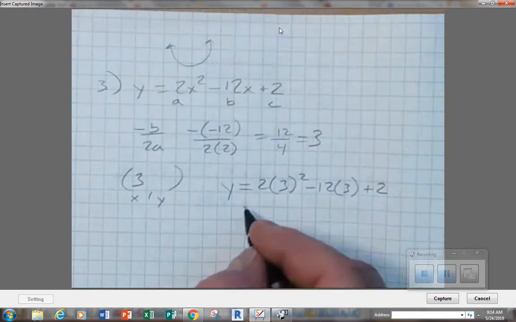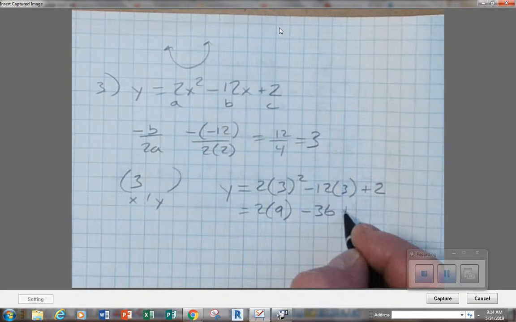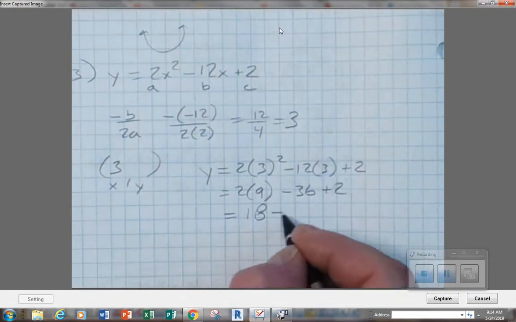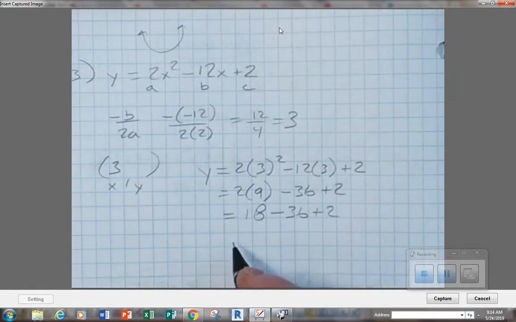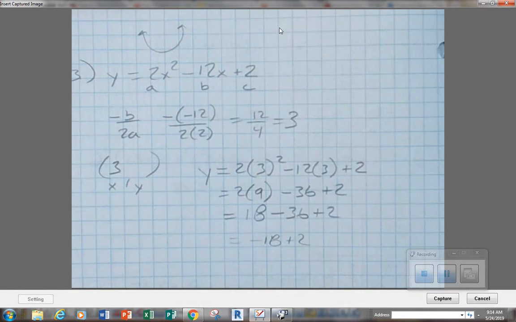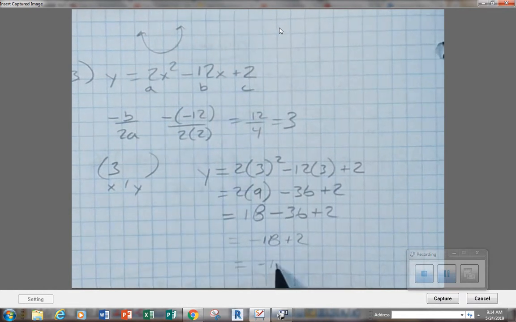That gives me 2 times 9 minus 36 plus 2, which gives me 18 minus 36 plus 2, which I believe is -18 plus 2, which gives me -16.